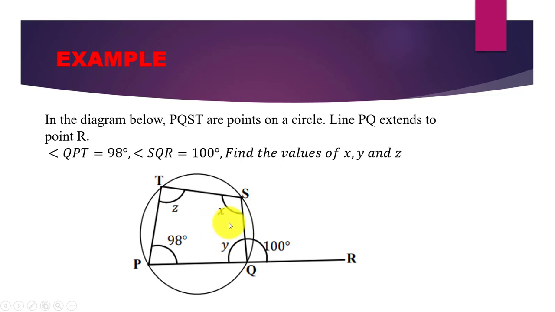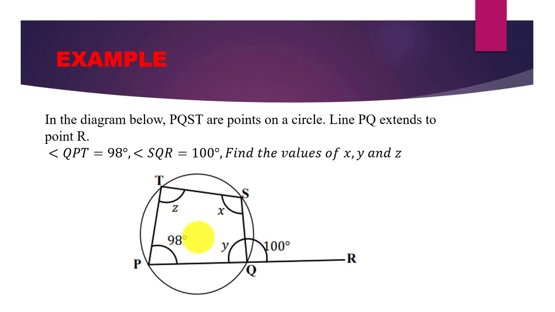So angle S plus 98 degrees gives us 180 degrees. But we want S, so we have to subtract 98 degrees from 180 degrees, and by so doing, we get angle S to be 180 degrees minus 98 degrees.